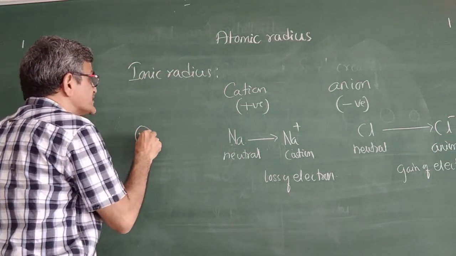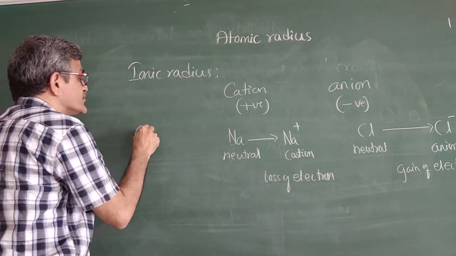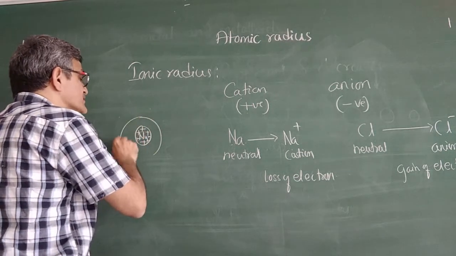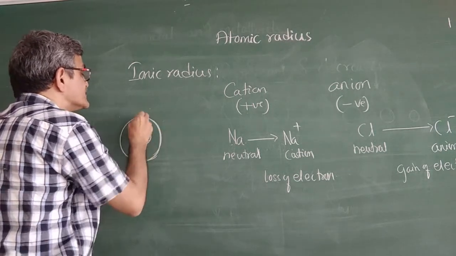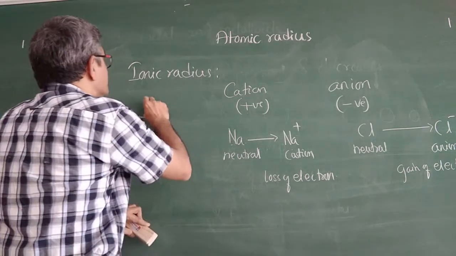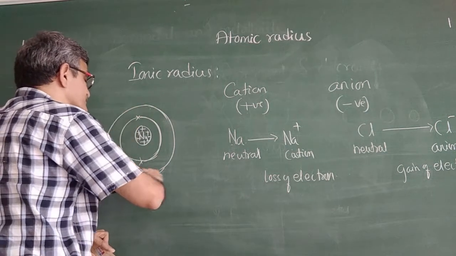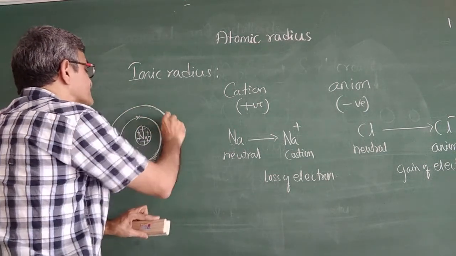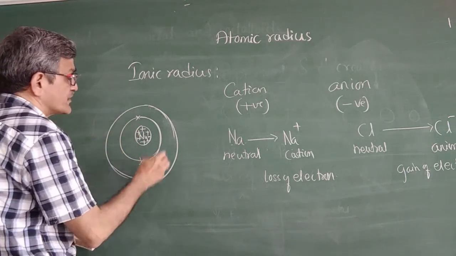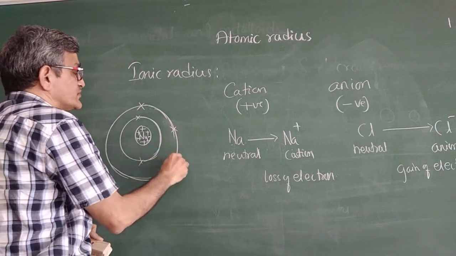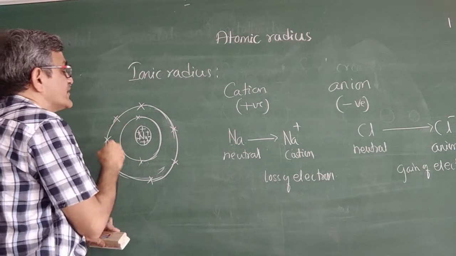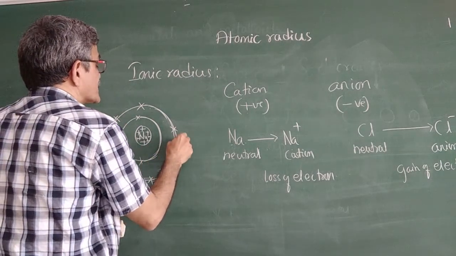So this is the nucleus at the center, which has positive charge. This is the one shell, K shell with 2 electrons, then the L shell: 1, 2, 3, 4, 5, 6, 7, 8.